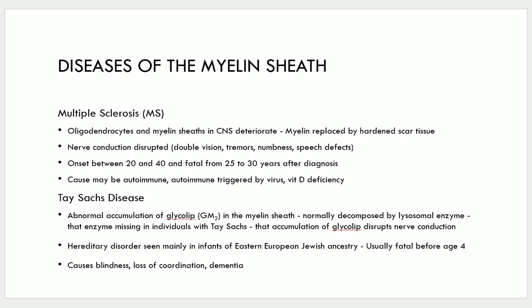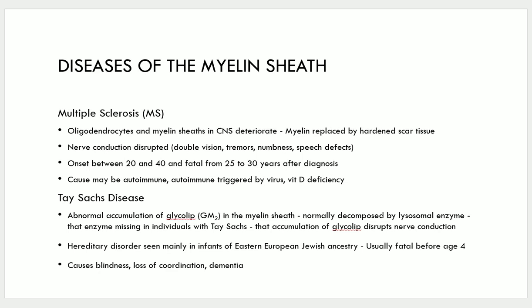Tay-Sachs disease, on the other hand, is hereditary. So here there's an enzyme that is lacking. There's a glycolipid, GM2, in the myelin sheath, and normally it's decomposed by a lysosomal enzyme.